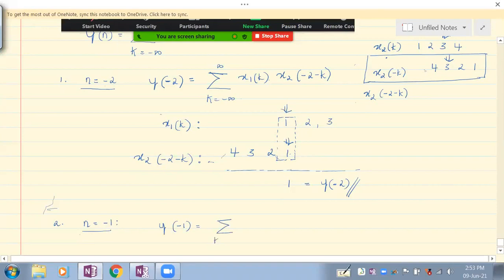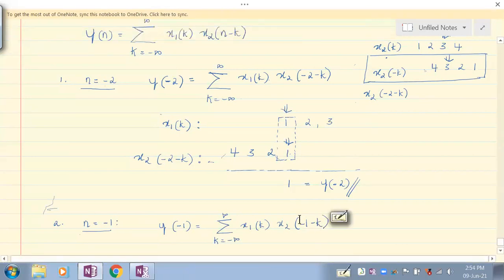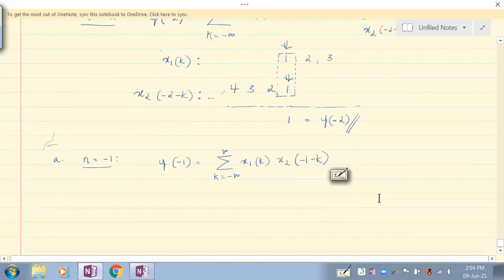Y of -1 is the summation over k from -infinity to +infinity of x1 of k, x2 of -1 minus k, because we have n as -1. Everybody understand that point?